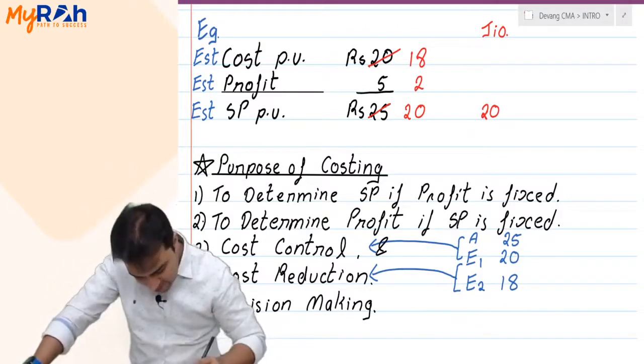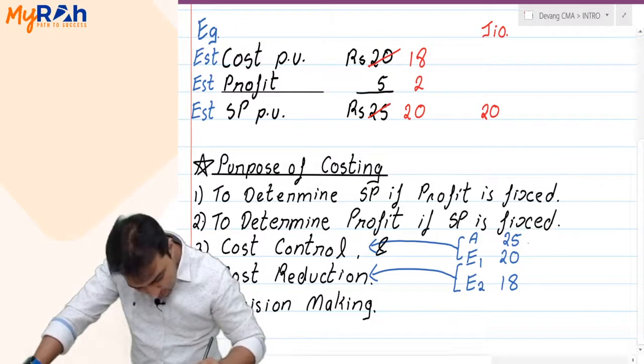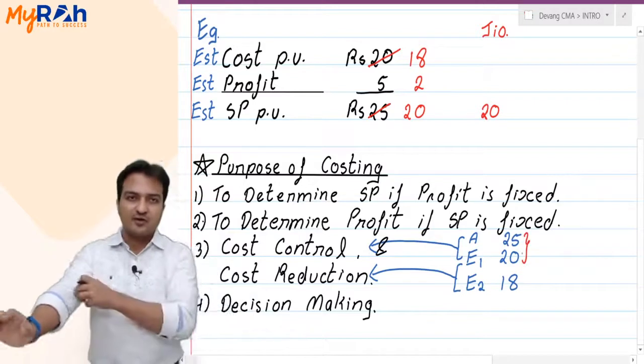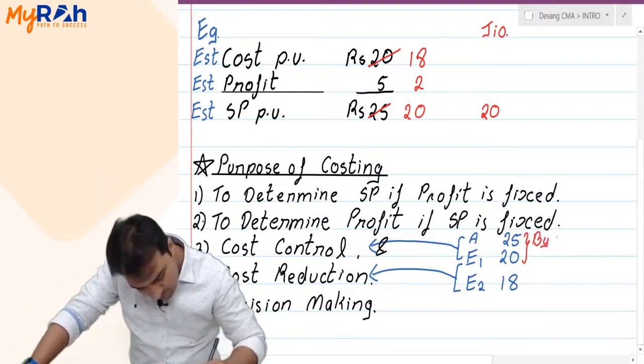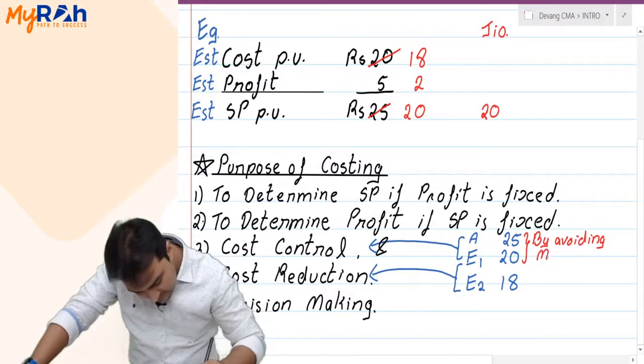Look at the difference. Cost control: from 25 to 20, if I had to decrease, I did that by avoiding my mistakes.